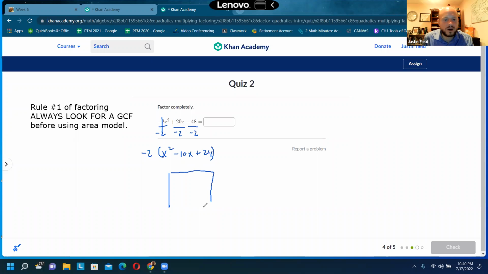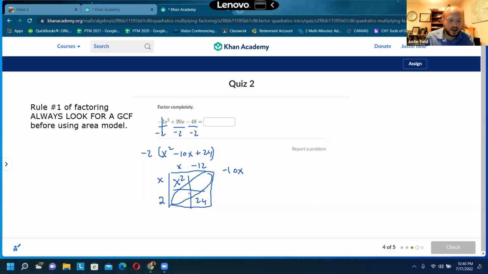Then we do the area model, which is what I just did in the first one. The x squared there, the 24 there. This time it's a -10x. So how would that work? Check it out. I'm thinking like this, -12 and a +2. That would get me -10. But it would also give me -24.